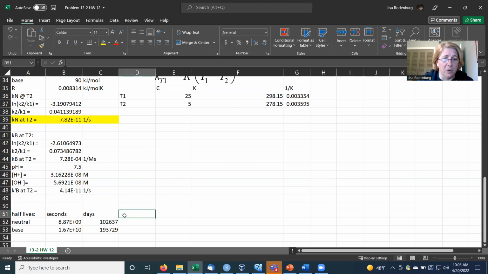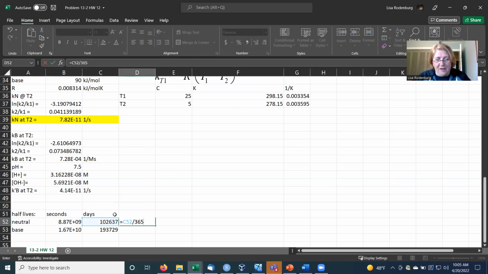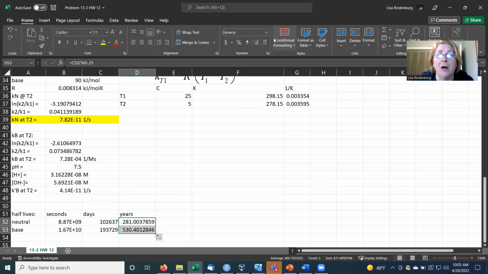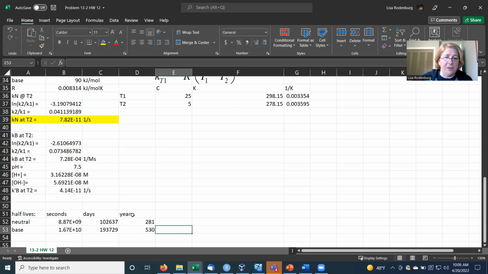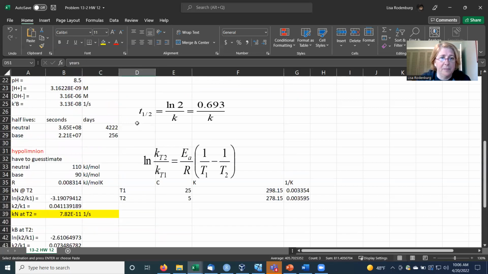So much slower. We could even do this in terms of years. Divided by 365.25. Don't forget the leap years. So first of all, we went from, I'll do the same thing here, put this in years.